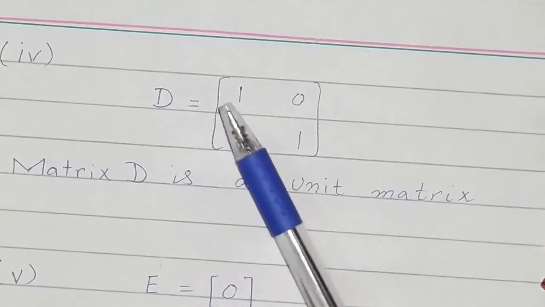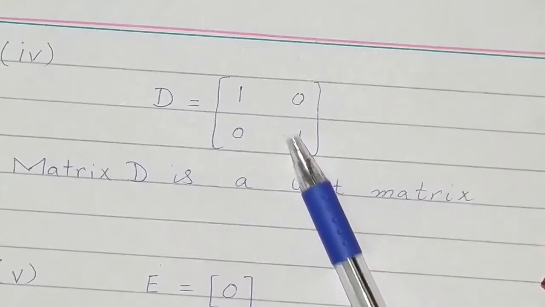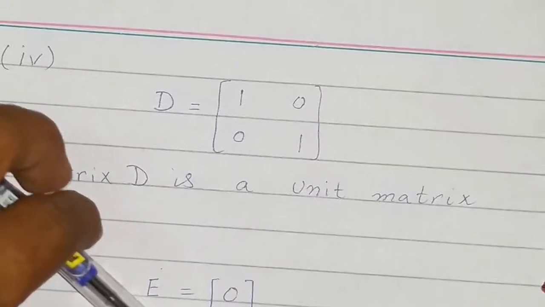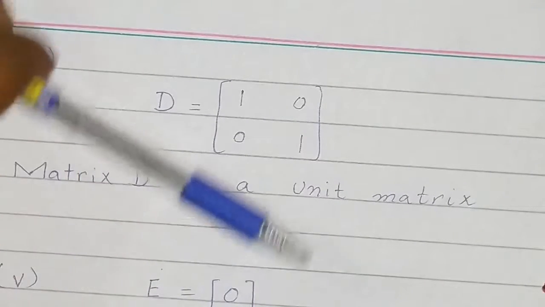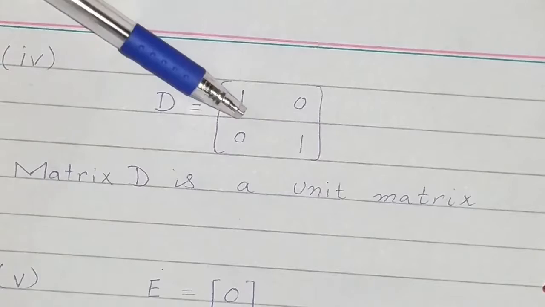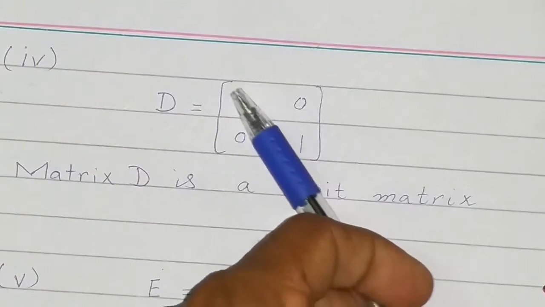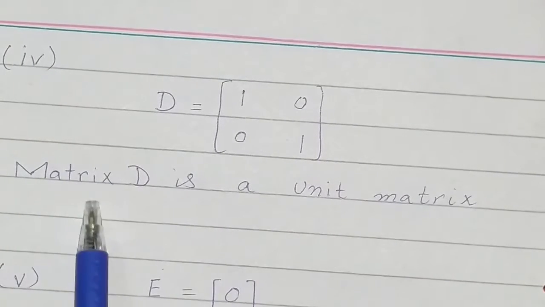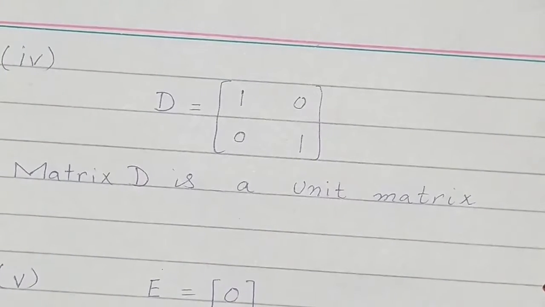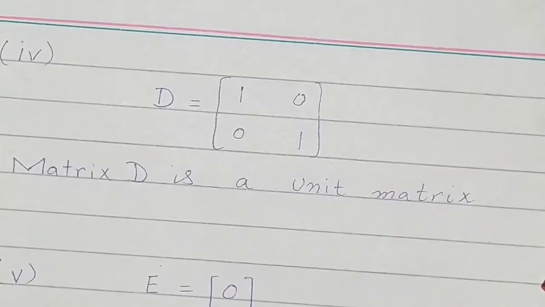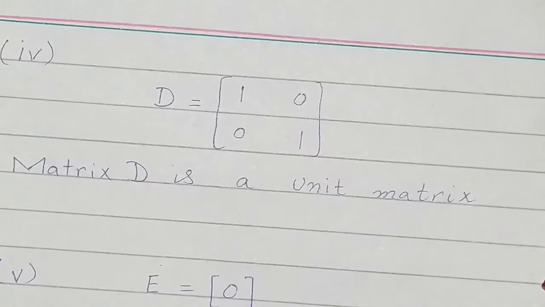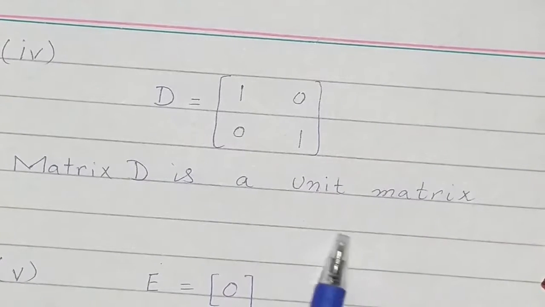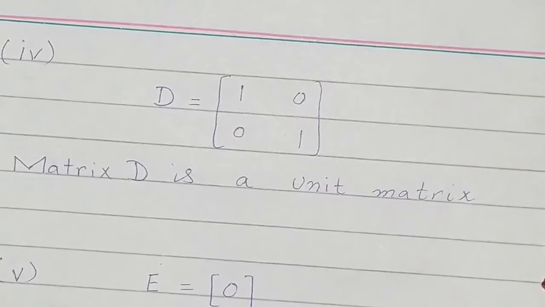If a matrix has 1 in its diagonal, then it is called a diagonal matrix. But in the case if the elements in the diagonal are 1 only and all other elements are 0, this matrix is called the identity matrix. So matrix D is an identity matrix, and another name that we use for it is unit matrix. So we can call it a unit matrix or an identity matrix.